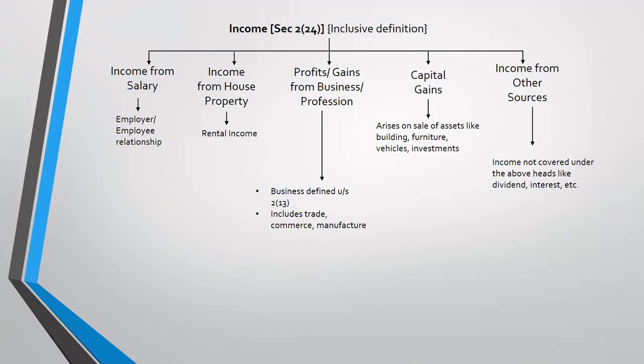So, income includes income from salaries, income from house property, profits or gains from business or profession, capital gains, and income from other sources. So, income means all these items and any other inflow in the nature of income.